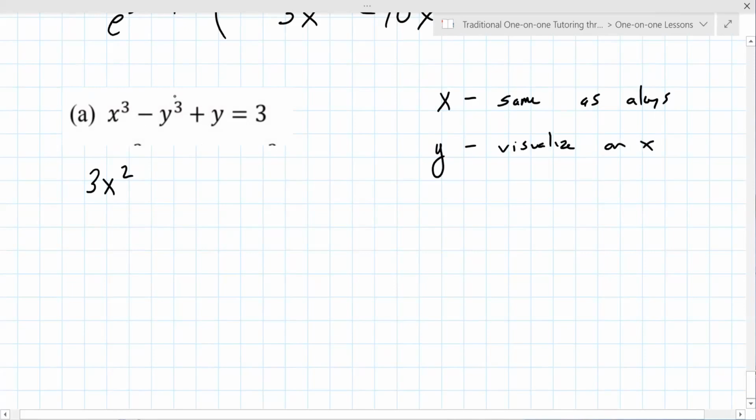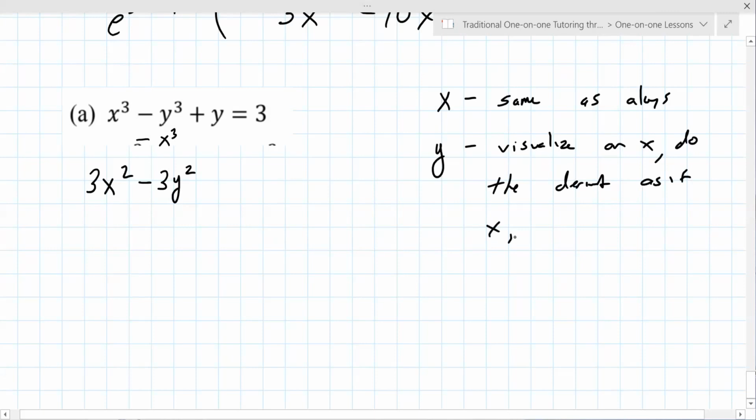So this is not minus y cubed, this is really minus x cubed. What's the derivative of minus x cubed? That would be negative 3x squared. But it's not x, it's y. So you write 3y squared. So you visualize an x and you do the derivative as if it's an x.